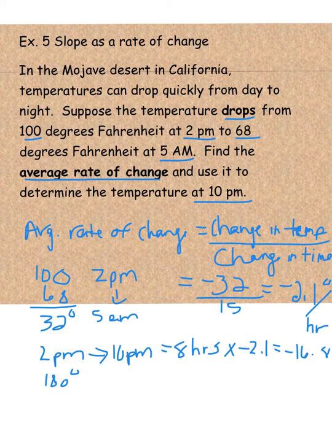So we'll take our 100 degrees at 2 p.m. and subtract 16.8, and that will give us a new temperature of 83.2 degrees Fahrenheit at 10 p.m.